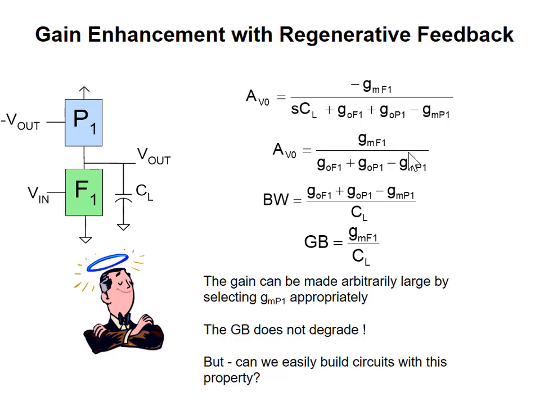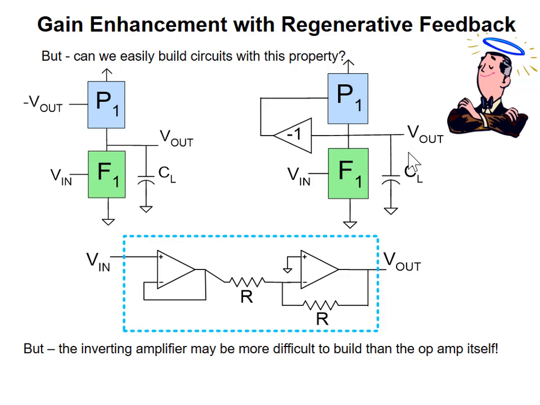So can we build circuits that will drive this with, first of all, let's drive it with minus V out. Well, it's easy to do that. All I need is an amplifier with a gain of -1. I sample the output voltage and drive the counterpart circuit. Is that a good solution? Yeah, it'll work.